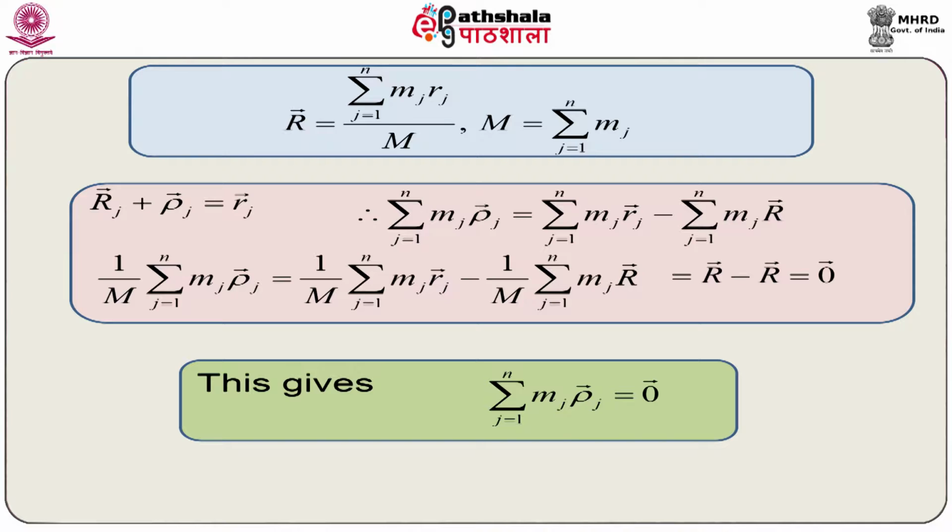Therefore, we get an interesting result, that is, the summation over j equal to 1 to n of m_j rho_j vector equals 0 vector.